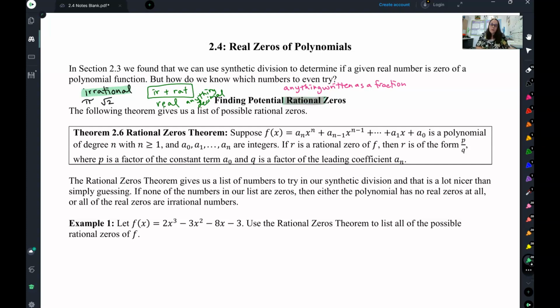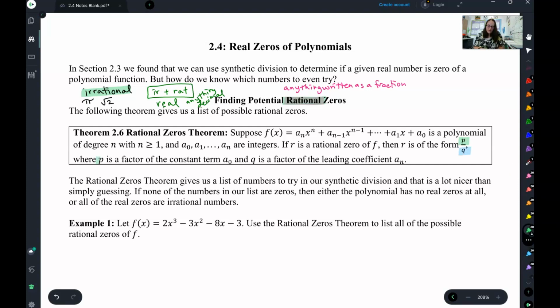It also is only there to give you a list of possibilities. So let's talk about how to come up with this list. This list is of the form P over Q, where P is the factors of your constant and Q is the factors of your leading coefficient.